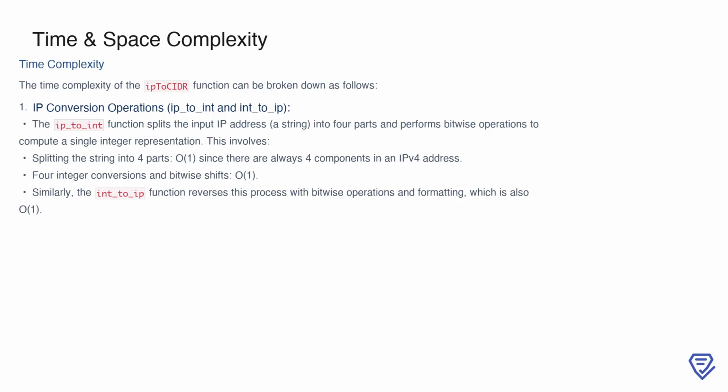Similarly, the reverse process, carried out by the int_to_IP function, formats the integer back into the dotted decimal format using bitwise operations in string processing. This reversal also completes in constant time, making its time complexity O(1). Together, these conversion operations do not depend on the size of the input n and are therefore constant in complexity.